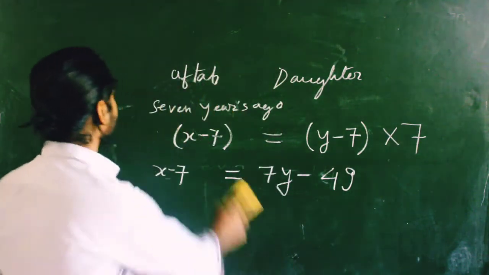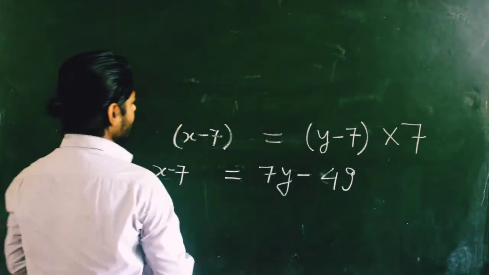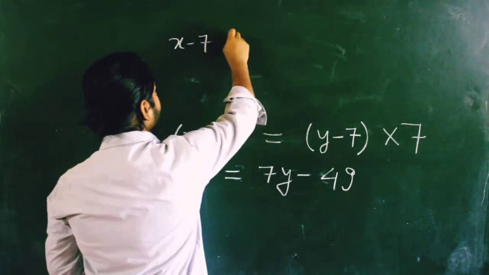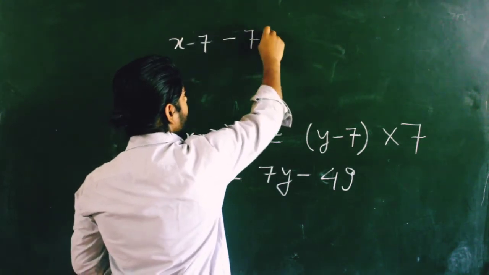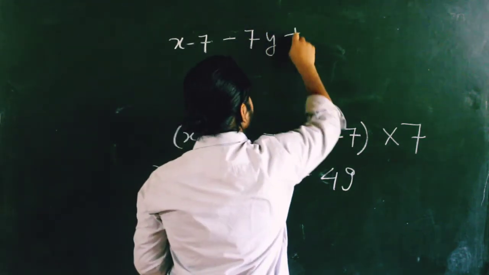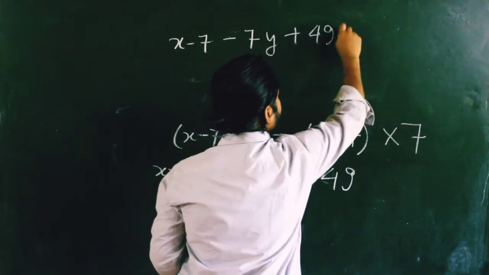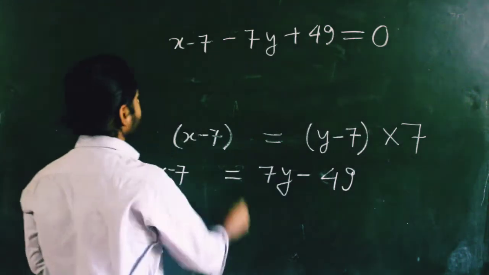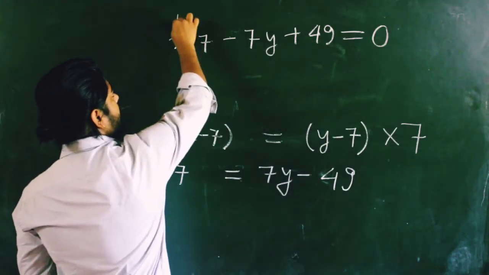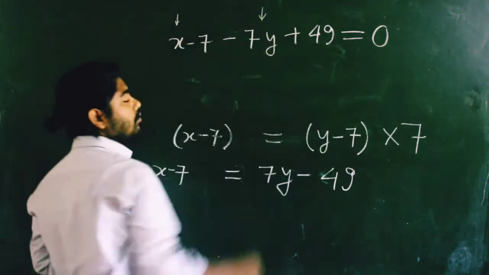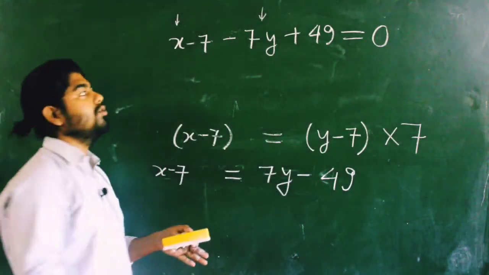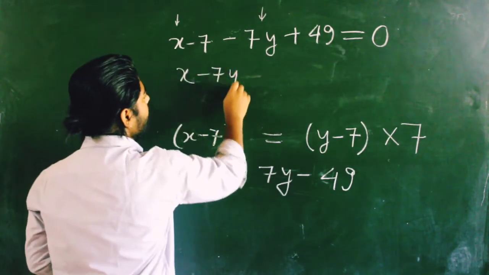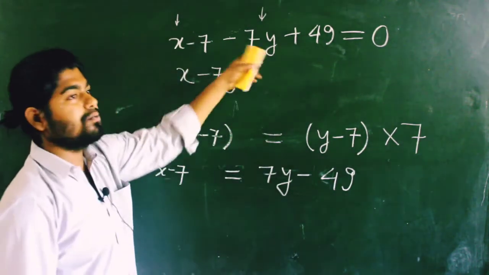So x minus 7 minus 7y plus 49 equal to 0. I brought everything from this side to this side. This is one variable and this is another variable, so we cannot subtract them; we will keep them as such. So x minus 7y. But what we can do is subtract here.